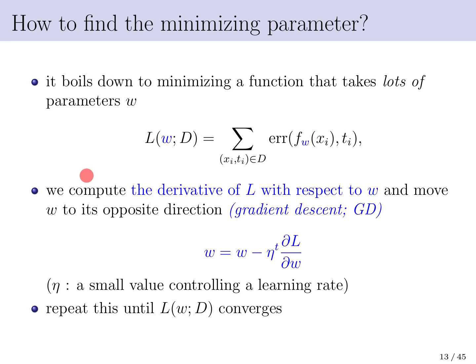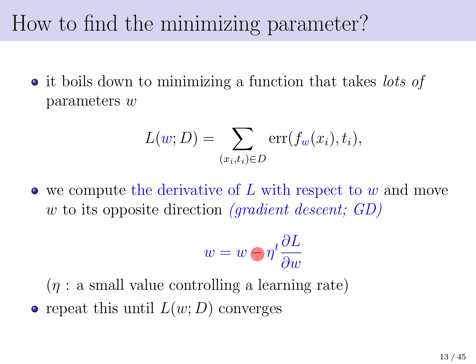We do so by computing the derivative of this loss function L with respect to W, the parameters we want to change, and moving W in the opposite direction. This is called gradient descent. So you modify the weights, the input to the loss function, in the direction of the derivative of L with respect to the weights.